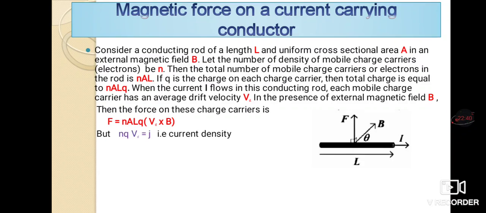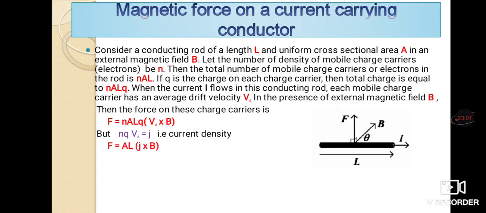But now we know that nqVd, where n is the number of electrons per unit volume, q is the charge on the electron, and Vd is the drift velocity, is nothing but J, the current density.